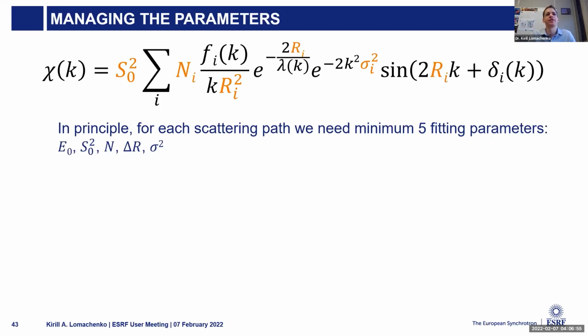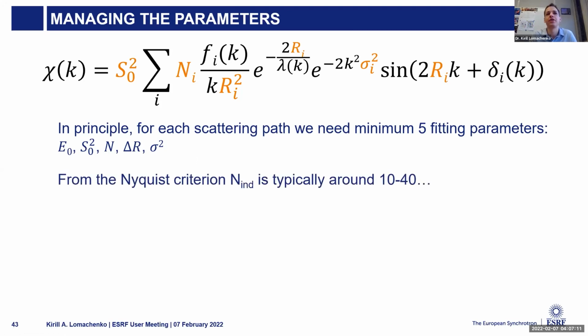Then we might have another problem, because for each scattering path, we need a minimum of 5 fitting parameters, right? We are talking about S0 squared, E0, delta R and sigma squared. Okay, so from the Nyquist criterion, we know that N_ind is around 20, something like from 10 to 40.